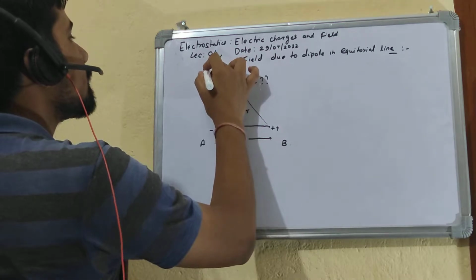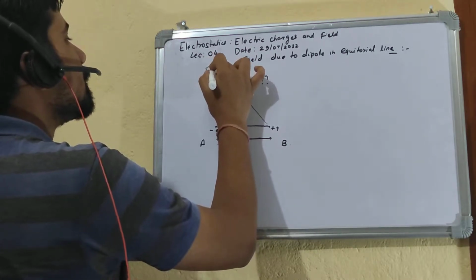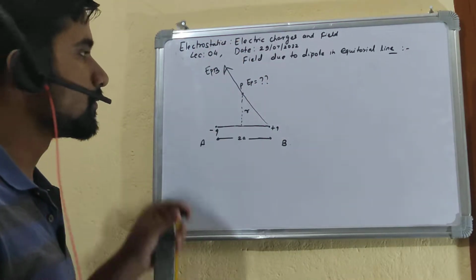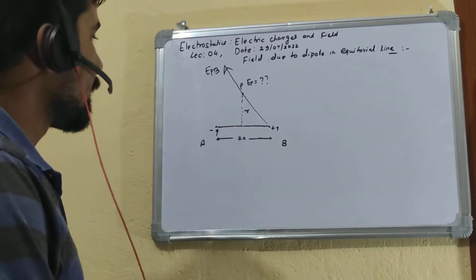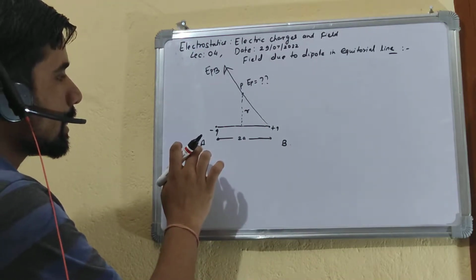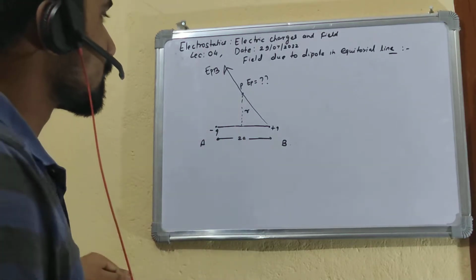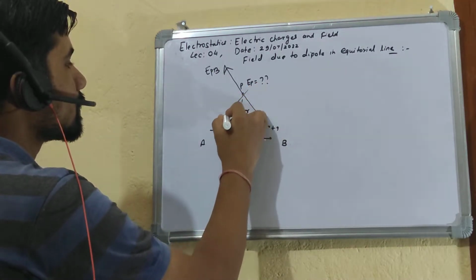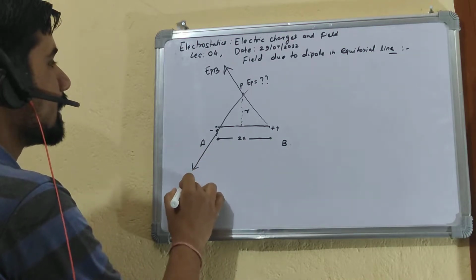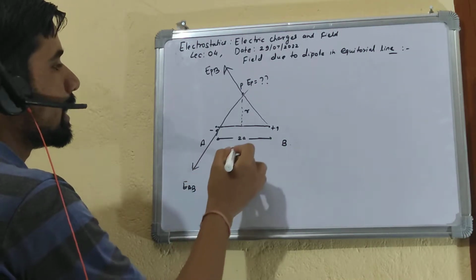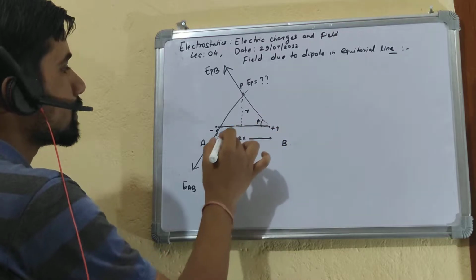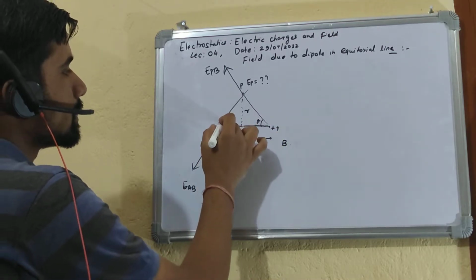Let's call this EPB, the field on P due to B. And this A being a negative charge, the direction of the field will be towards itself. So let's call this particular field EPA. And let's say this angle is theta, and this is again theta.